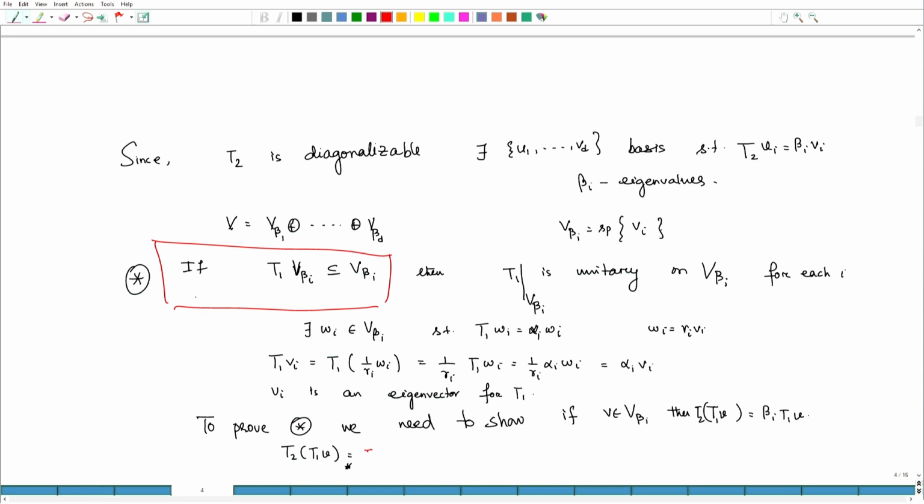Then I can pull it out as T1 T2 of V. Now, this is nothing but beta i times T1 of V, because V is an eigenvector. So, T1 V is an eigenvector.